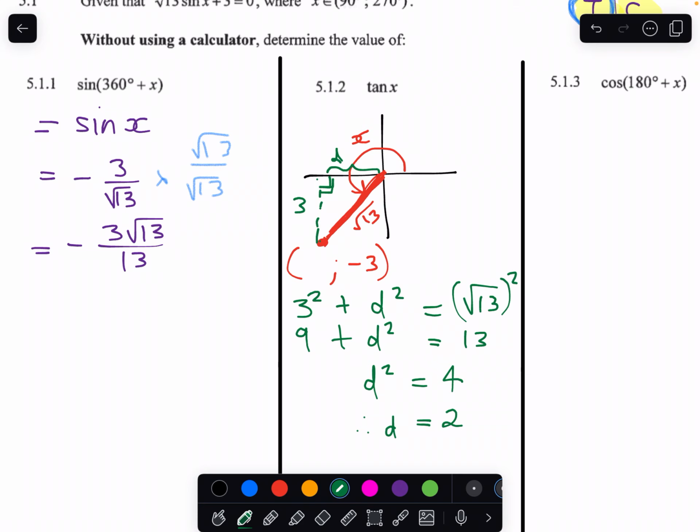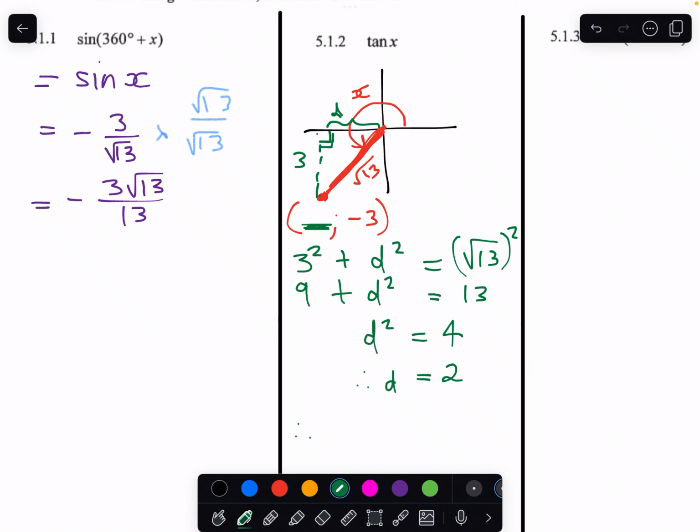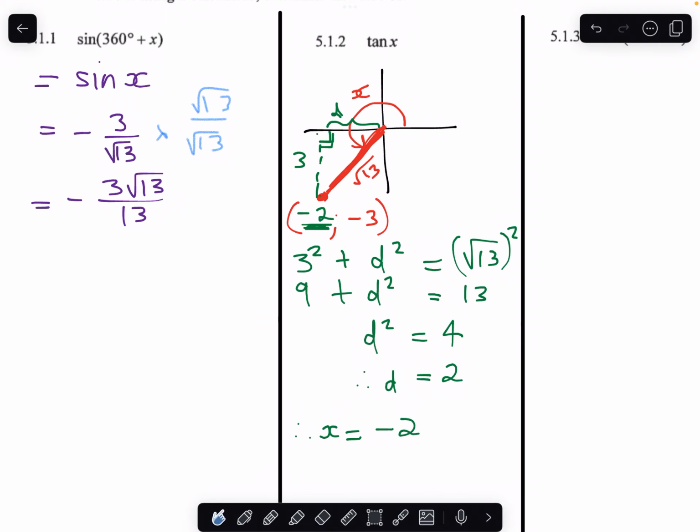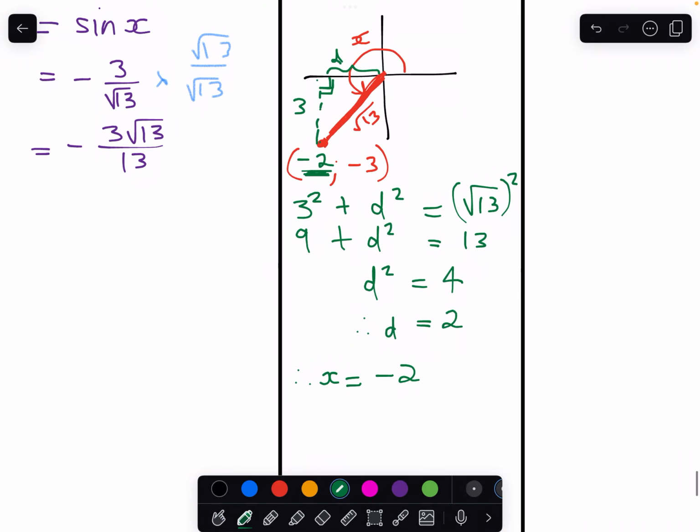Okay, but now we want the x coordinate, and we can see that because this point is in the third quadrant, its x coordinate must be negative. So we know that the x coordinate of that point in our little scenario would be negative 2. Also tricky because we're already using x for the angle, so let me make that a bit more clear.